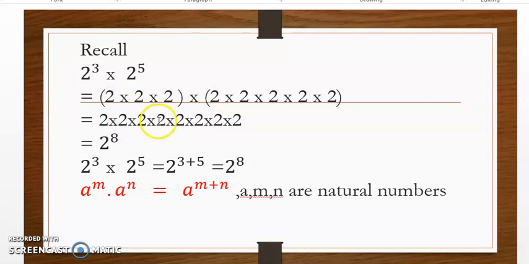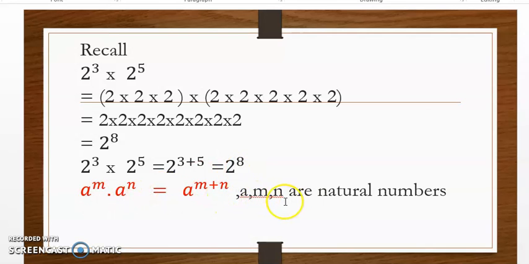So when we multiply them together, we have 2 into 2 eight times, which is 2 to the power 8. So when we multiply two numbers which have the same base but different powers, here 2 is the same base, we simply have to add the powers.